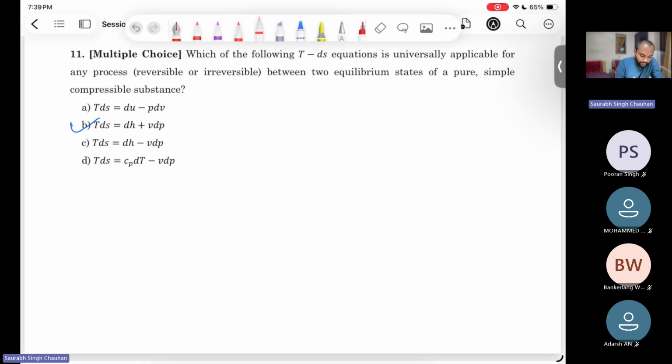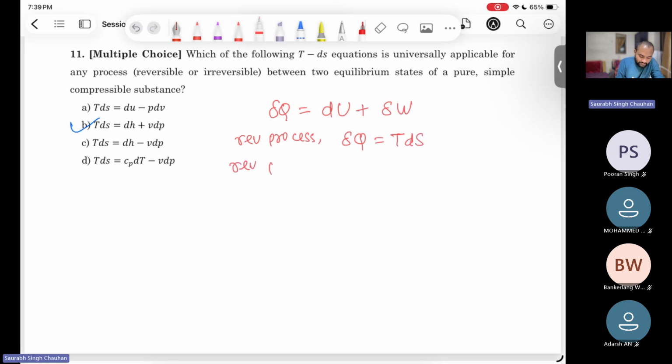Let us start with the first law of thermodynamics. It says that heat transfer dQ is equal to dU, change in internal energy, plus work interaction, right? Then for reversible processes, this del Q is TdS.